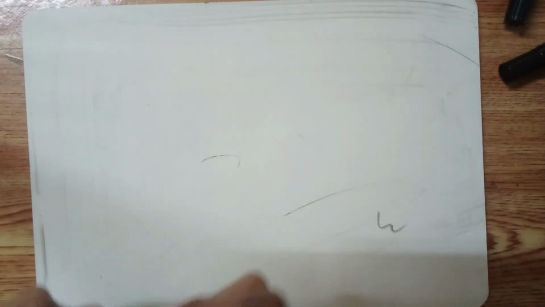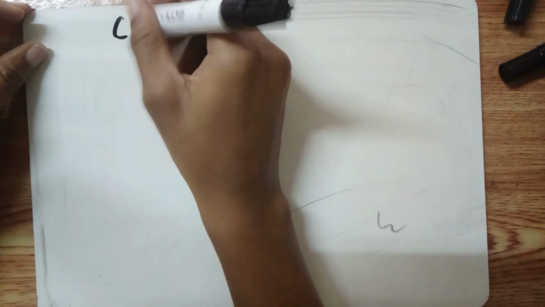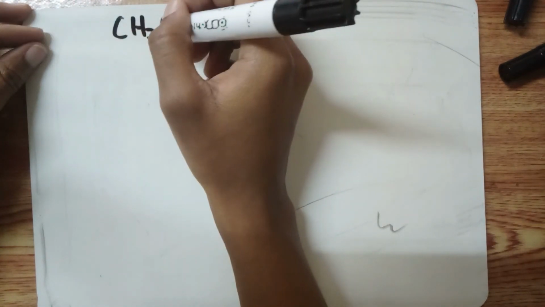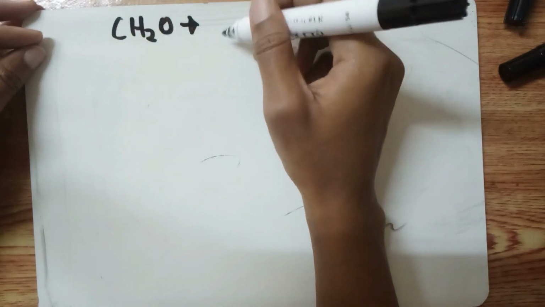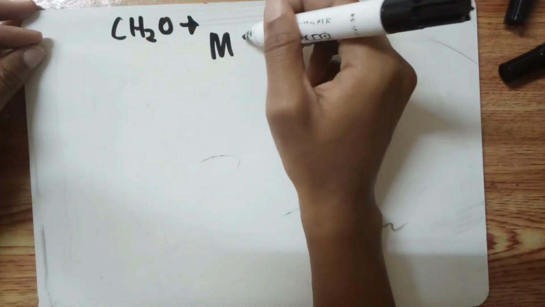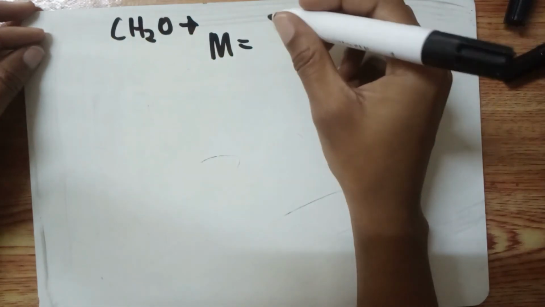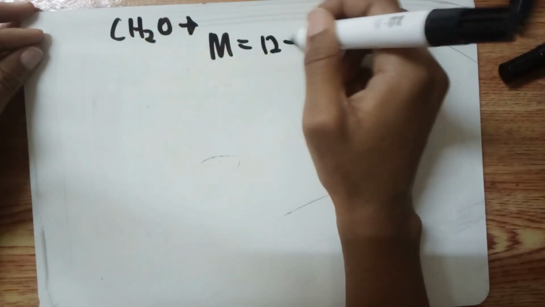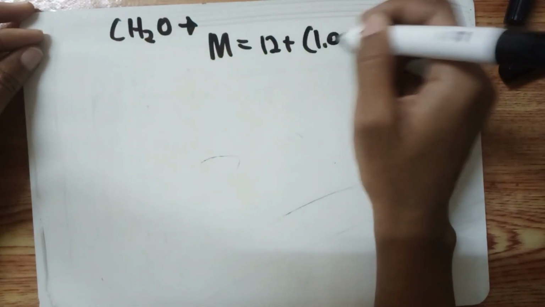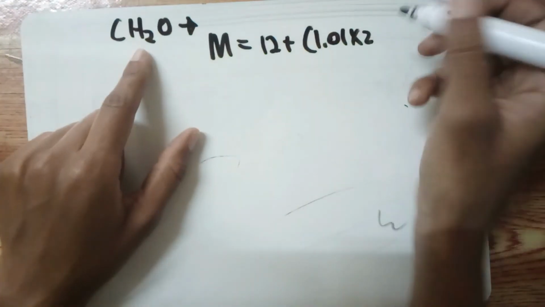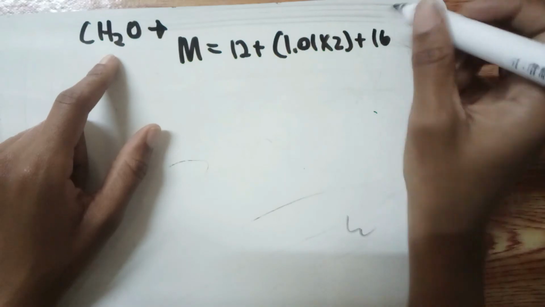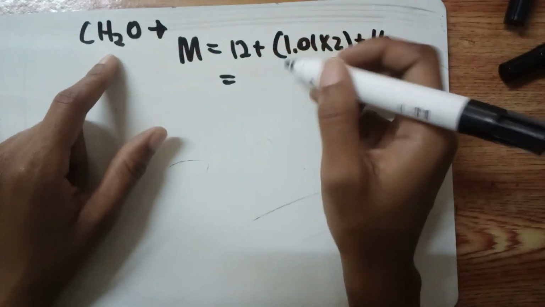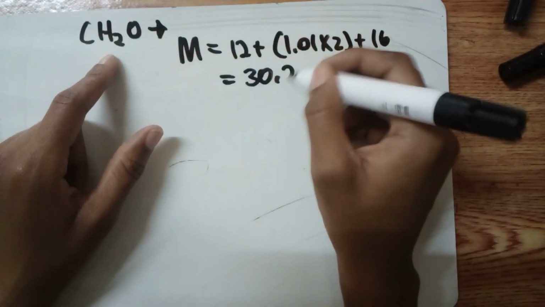So the first thing is that we have found the empirical formula to be this way. And from this empirical formula, we can determine the molar mass, M. To find that, we'll simply say carbon 12 plus 1.01 multiplied by 2, that's the molar mass of hydrogen times 2, plus 16, molar mass of oxygen, and that entire thing is going to give us 30.02 grams.